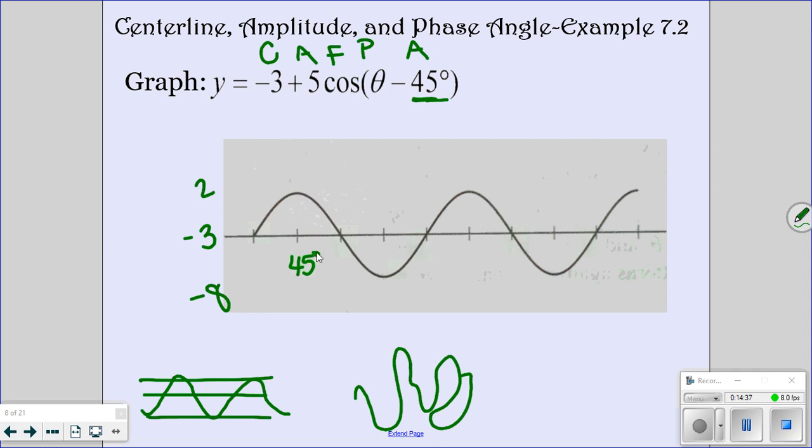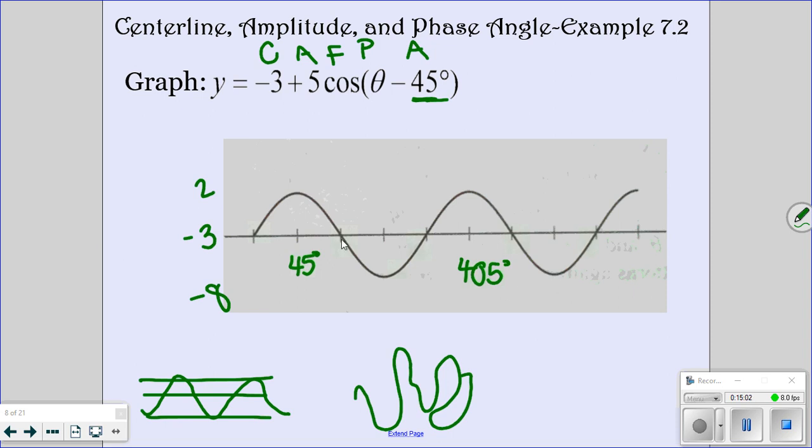And so now we're going to go forward 360 degrees, forward 1 period, which is going to put it here. So 360 plus 45 degrees is going to be 405 degrees.